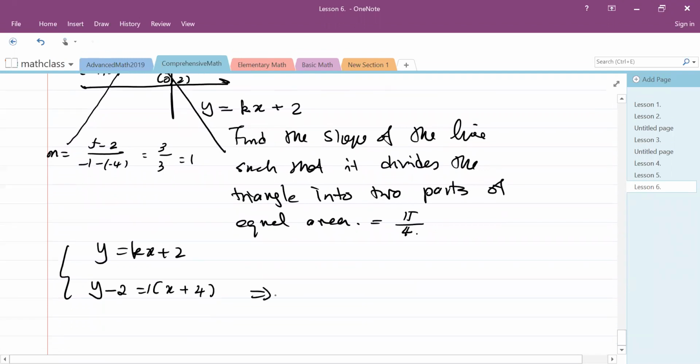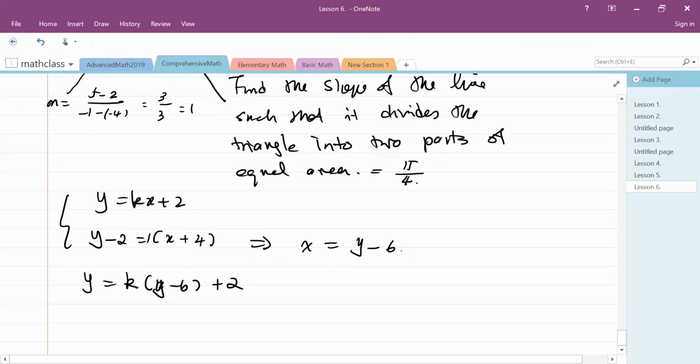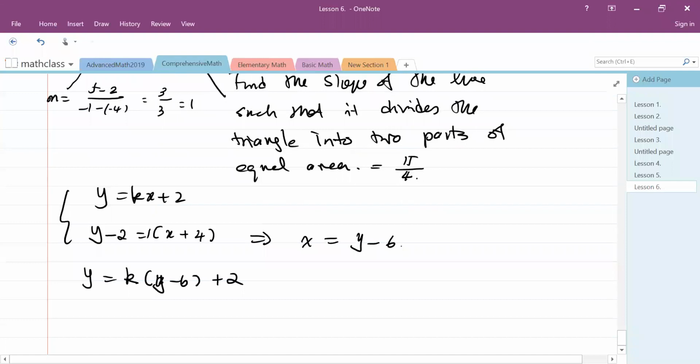From the second equation, the x variable is going to be y minus 6. And you put that into the first equation, okay? Then you solve for y, okay? So you get ky minus 6k plus 6.